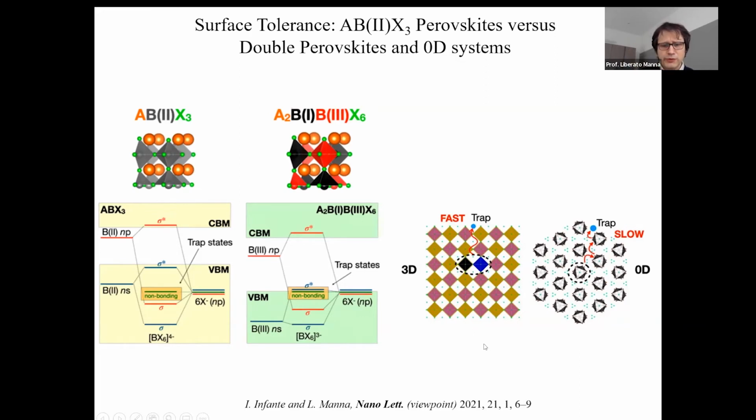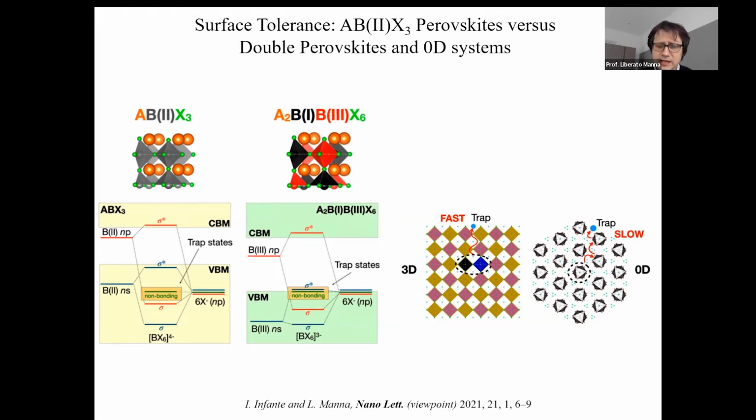So now we thought of looking for a way out of this, and we thought that in a standard 3D perovskite, like the double perovskite, the exciton can easily migrate to the surface due to phonon coupling. All these octahedra are connected, so exciton-phonon coupling is very strong, and this can easily move an exciton close to the surface.